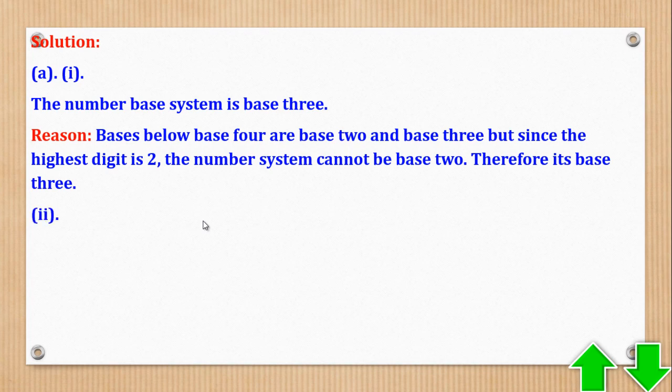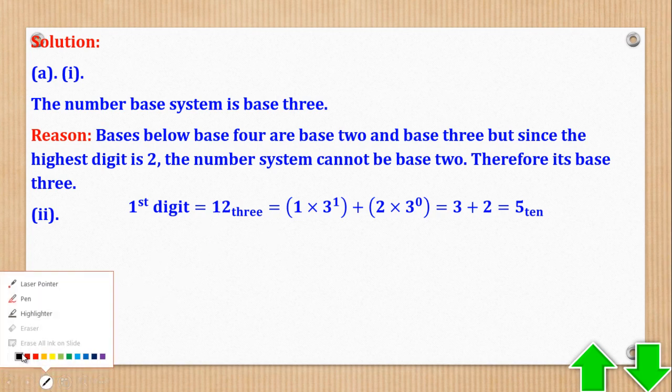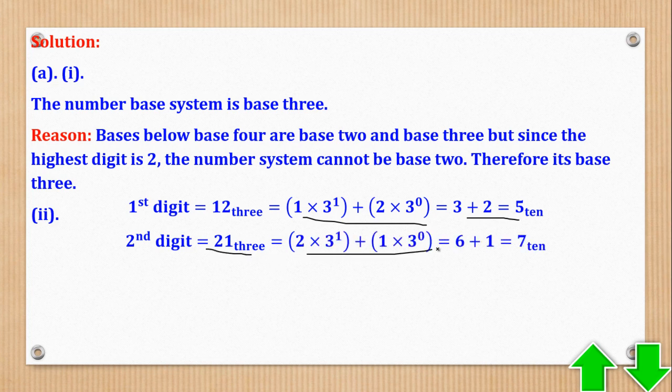The Roman 2 was about regenerating the pin. So that means we need to convert from base 3 to base 10. The first digit was 12 base 3. Convert to base 10 to give you 5 base 10. Second digit was 21 base 3. Convert to base 10 to give you 7 base 10.